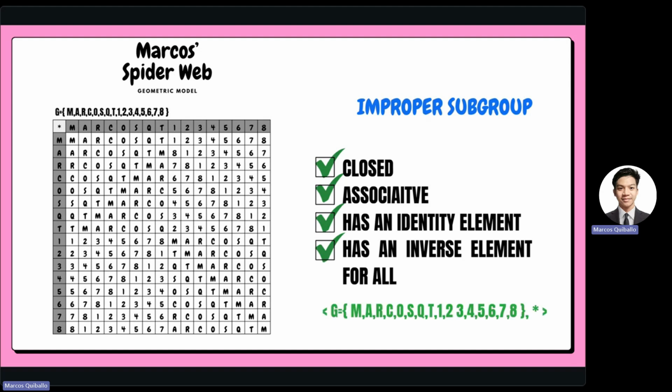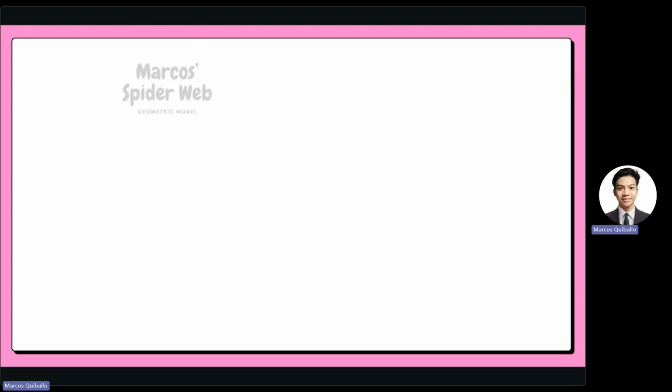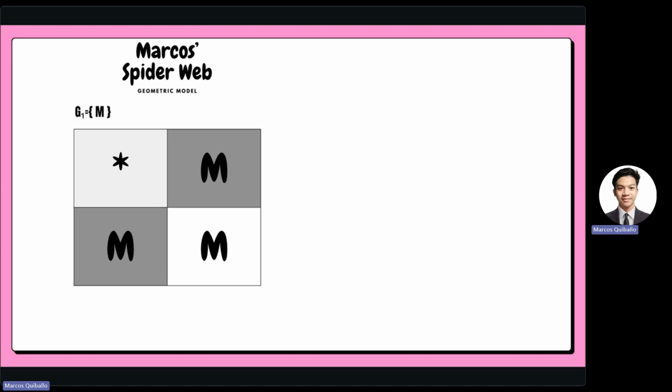So group G is equal to the set of M, A, R, C, O, S, Q, T, 1, 2, 3, 4, 5, 6, 7 under the binary operation. So for our G1, which is equal to M, our trivial subgroup.